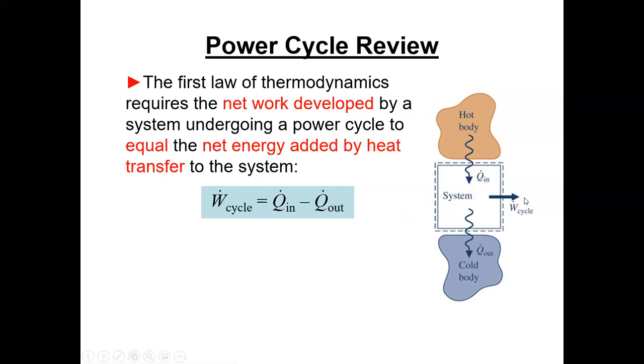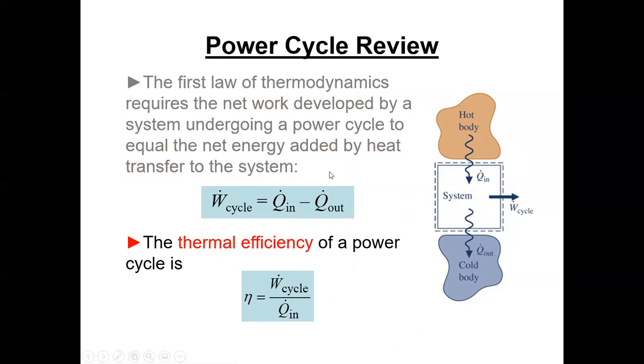Then it comes out, and this would represent the heat rejected in the condenser that goes to either the atmosphere or a lake or something like that. And so you see that the net work of the cycle is equal to the net heat, the heat in minus the heat out.